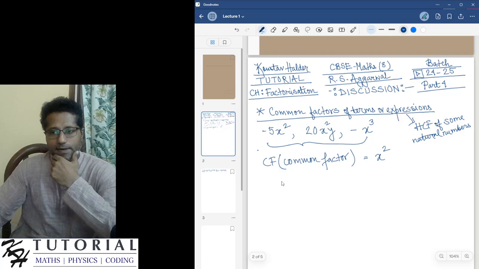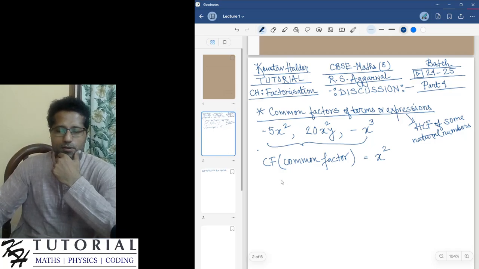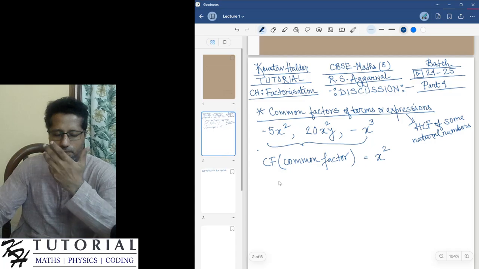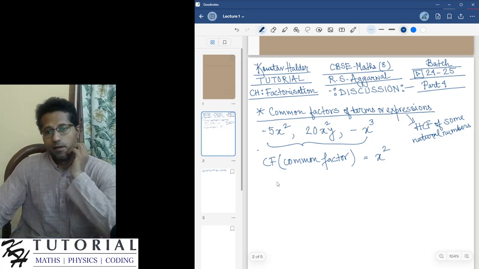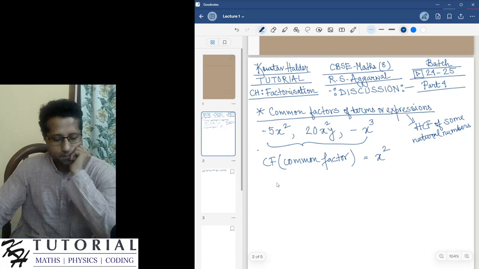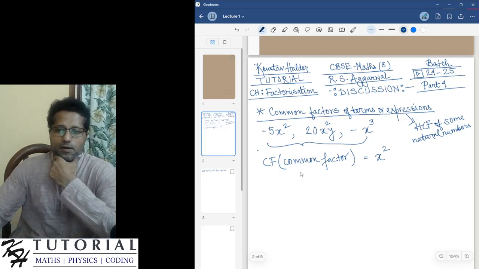Because we see that the literal variable x is occurring in all the terms, and the minimum power of that variable x in all the terms is 2, because in the first two terms the power of x is square, and for the third term the power is x cube, 3.